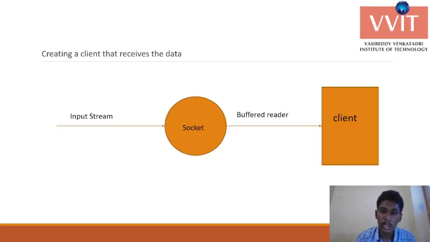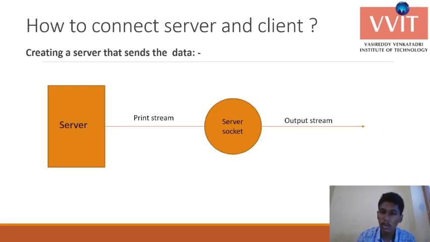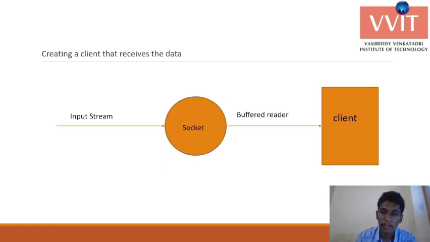When coming to the client side, there is a client socket which takes the input from the server socket. As we saw before, there is an output stream and there is an input stream here. So the data which is given by the server socket is taken as input here.